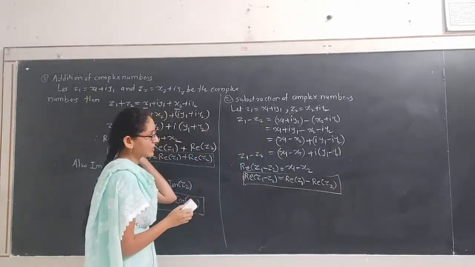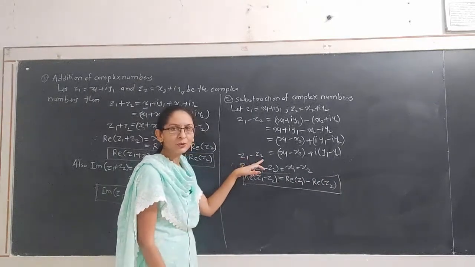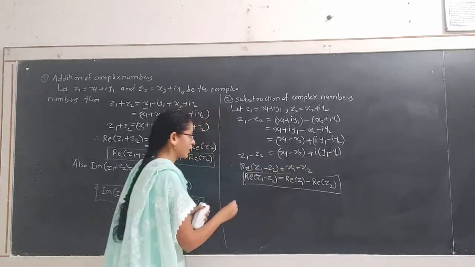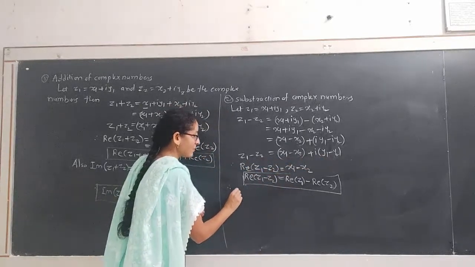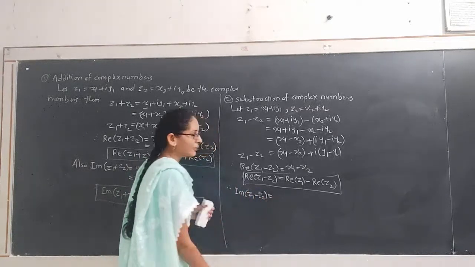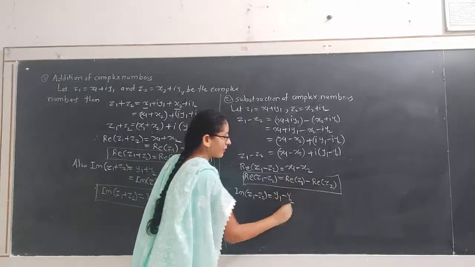We have one more result. What is the imaginary part of z1 minus z2? It is the multiple of i, which is y1 minus y2. Hence, the imaginary part of z1 minus z2 is equal to the coefficient of i, which is y1 minus y2.